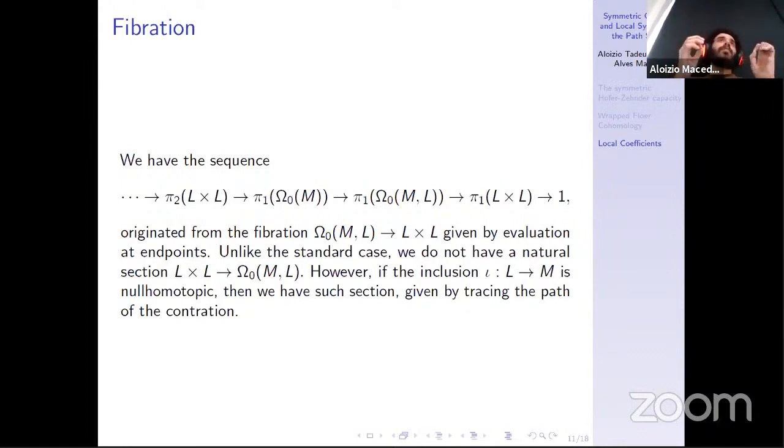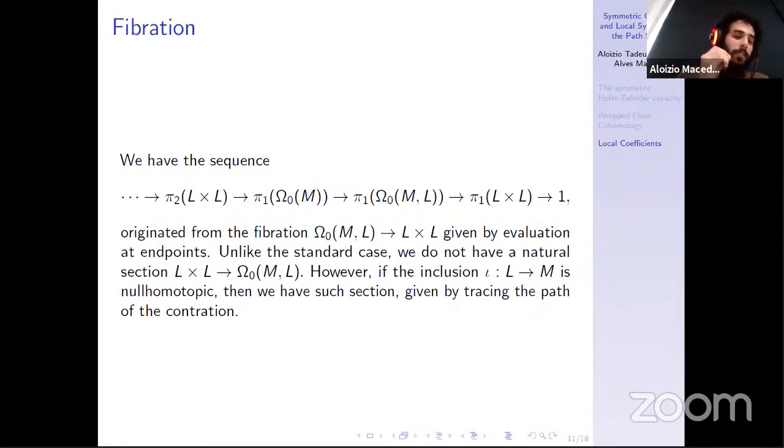This section requires us, given 2 points on L, to provide a path that connects those 2 points. There is no way to consistently do that for any M and L. So there's no canonical choice of path connecting both. But there are conditions we can impose that guarantee the existence of such a section.